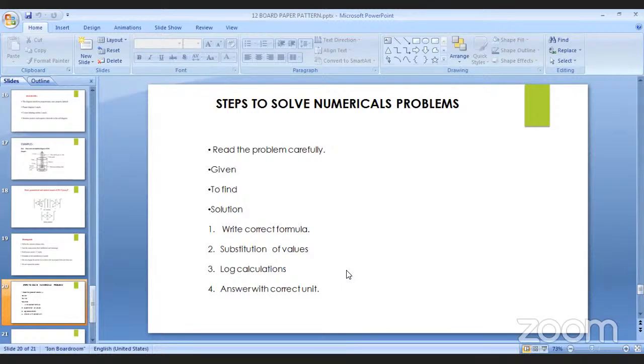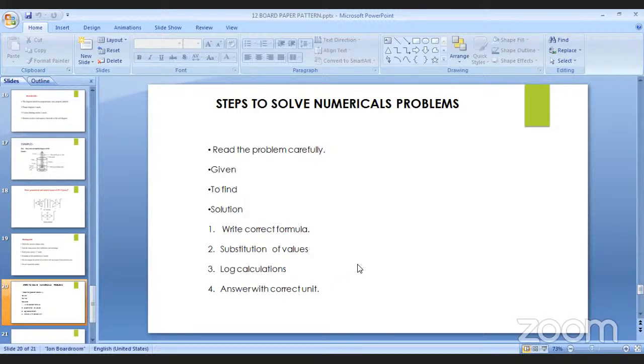Students, when you are attempting short answer type questions, like 3 marks or 2 marks questions, or long answers, try to write the answer point-wise. Also when you are learning the answers and practicing, practice them point-wise.